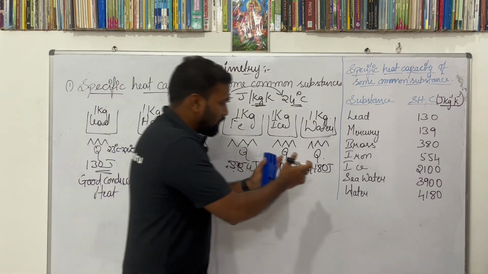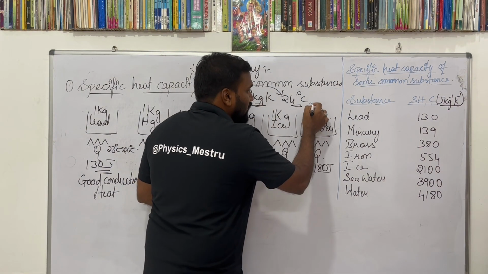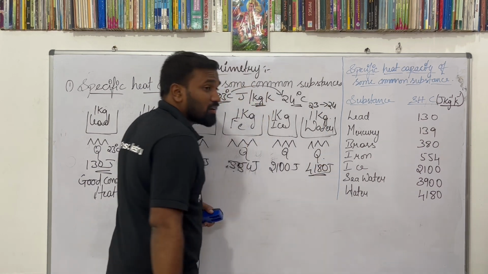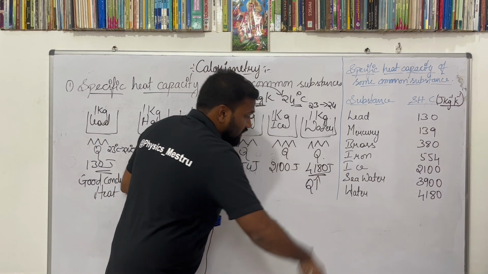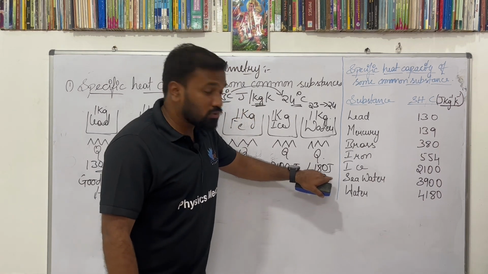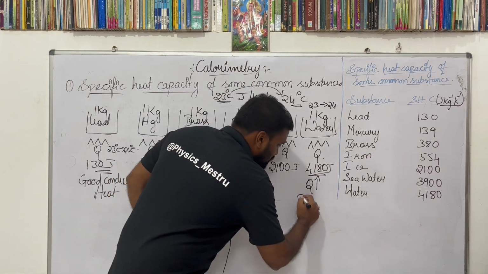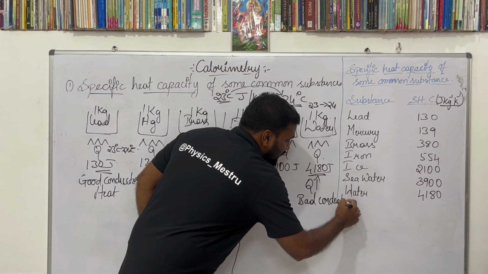Now if we come to water, the amount of heat energy taken to raise it from 23 to 24 degrees Celsius is 4180. It is taking more heat energy. Since it absorbs more heat energy, we can call water a bad conductor of heat energy.